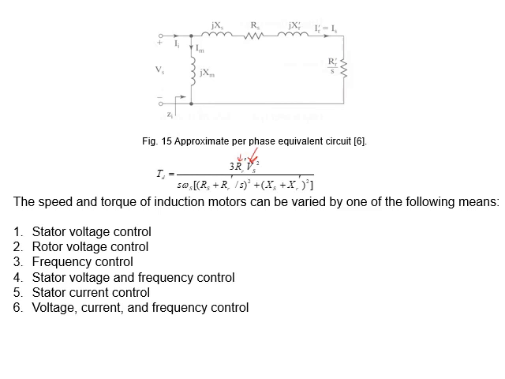And we also change the slip or omega S. Let me say we have frequency, so we can control by controlling the frequency, or we can control stator voltage and frequency, or we can control stator current because resistance is there. And we can control voltage, current, and frequency together. So it seems that the induction motor can be controlled. We have a wide range of parameters to control the motor.